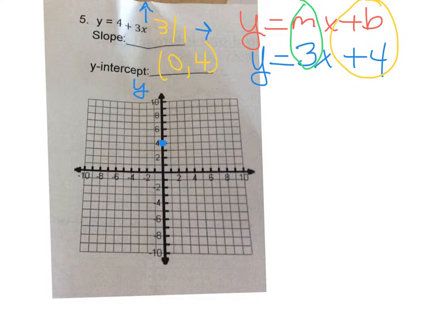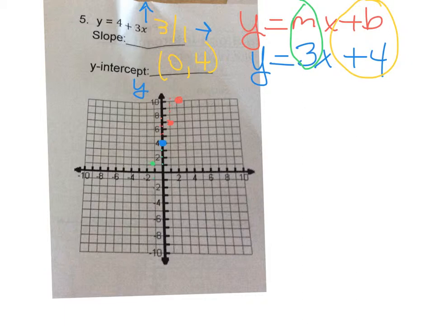So from my first blue point, I'm going to go up 3, 1, 2, 3, right 1, here I am. Again, up 1, 2, 3, right 1. Or the same thing as up 3, right 1 is down 3, left 1. So from my blue point, I could have gone down 1, 2, 3, left 1.